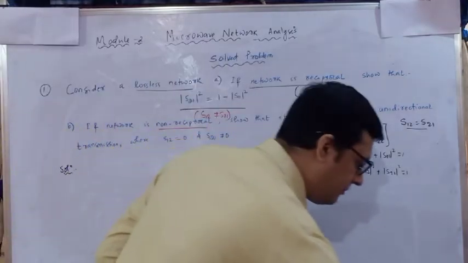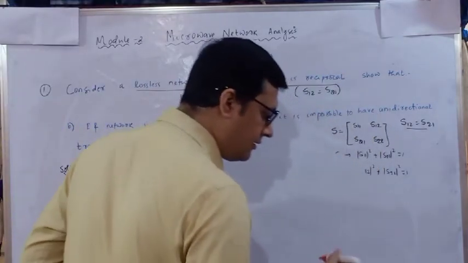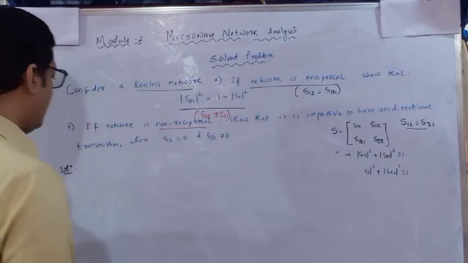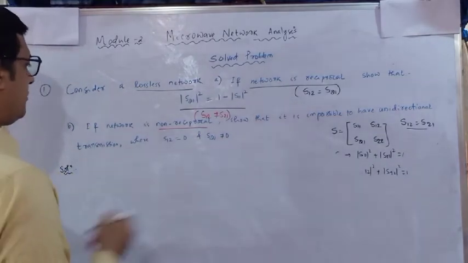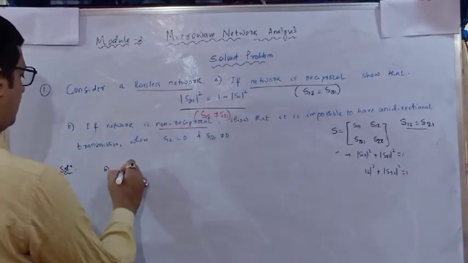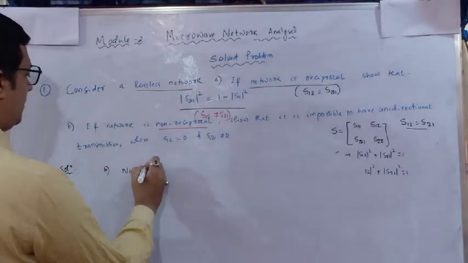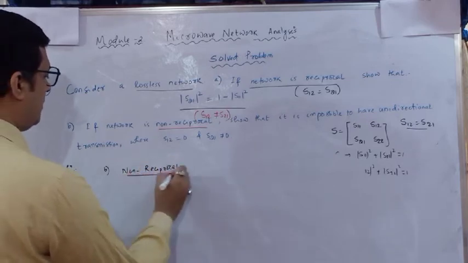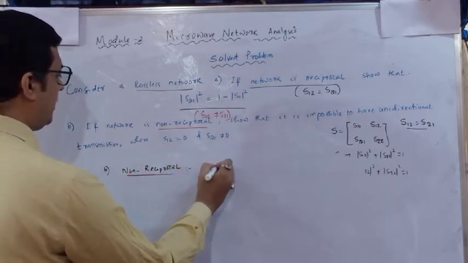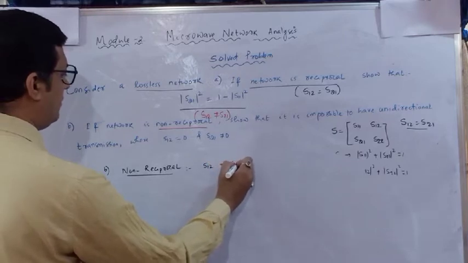So the second bit is the non-reciprocal network. In a non-reciprocal network, S12 is not equal to S21.